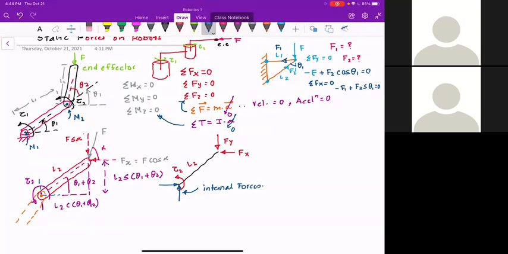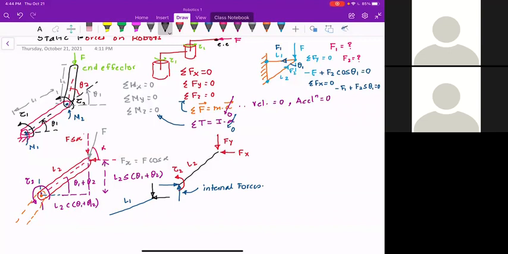What that means is, if you look at the other link, which is L1, this L1 is going to have exactly the same magnitude but opposite direction forces, shown in red. And as these two links get combined, these blue forces and black forces cancel each other.